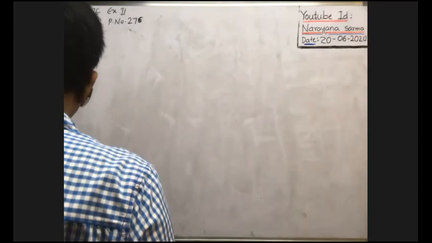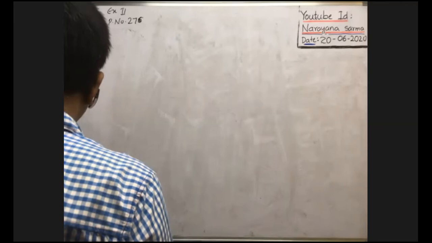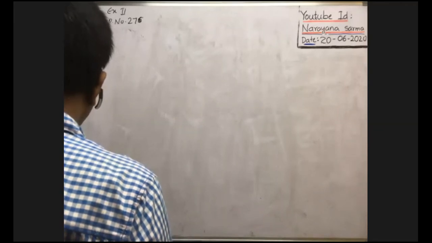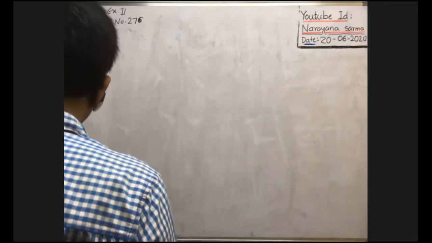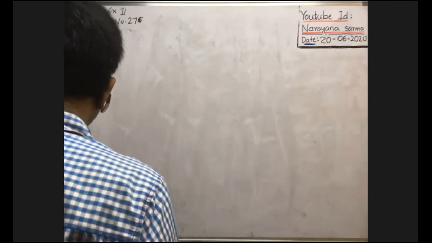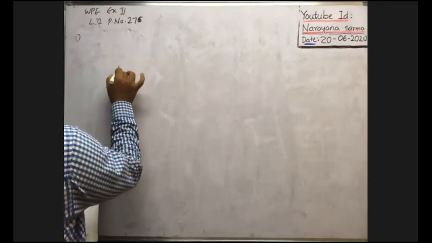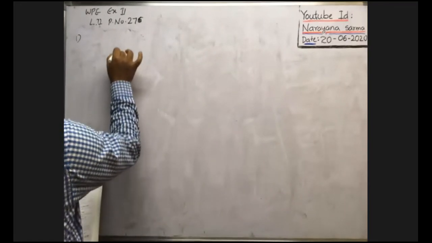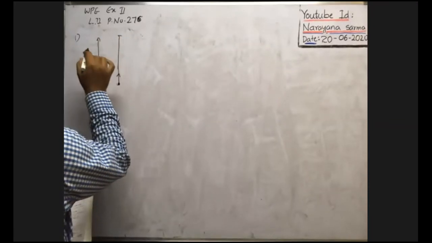A juggler keeps 4 balls in air. He throws each ball vertically upwards with the same speed at equal intervals of time. The maximum height attained by each ball is 20 meters. Here the juggler throws the ball vertically upwards, so the maximum height reached by each ball is given, h is equal to 20 meters.